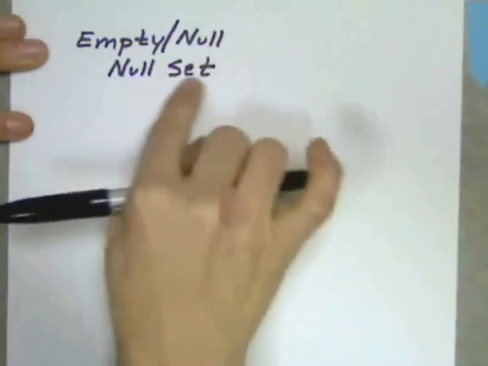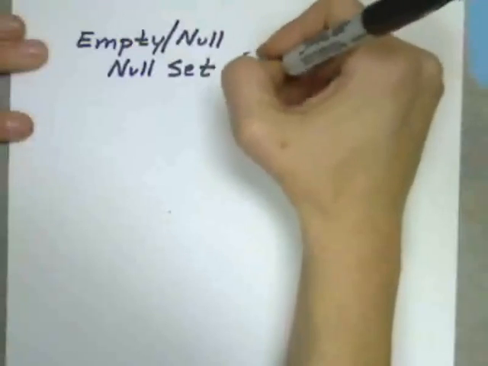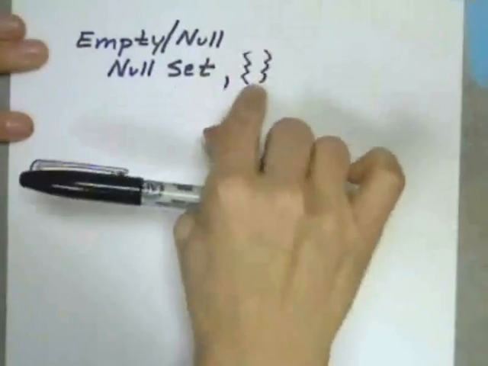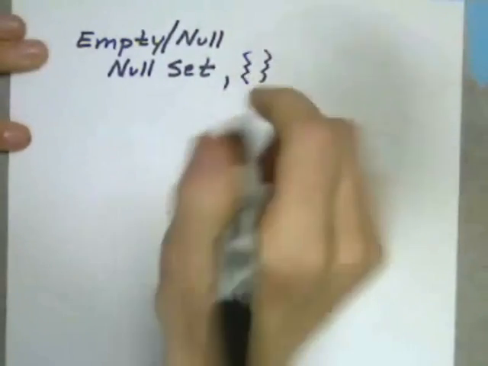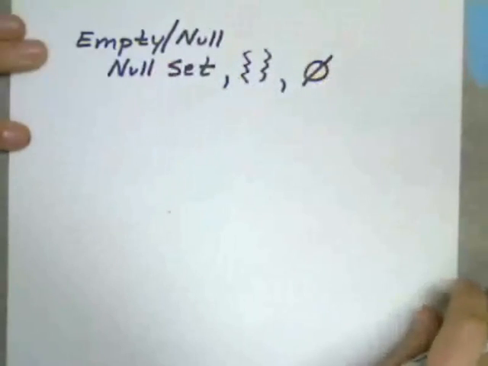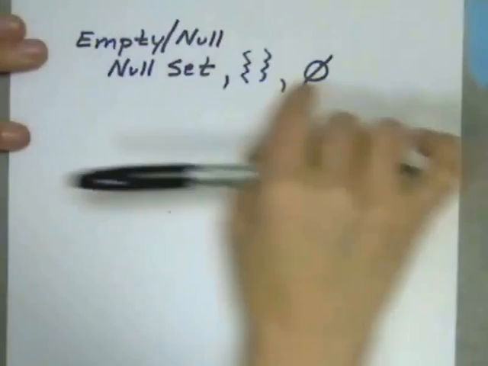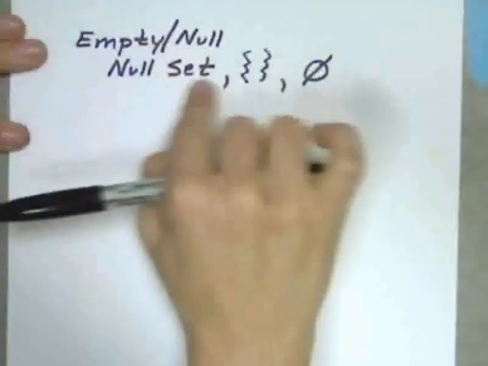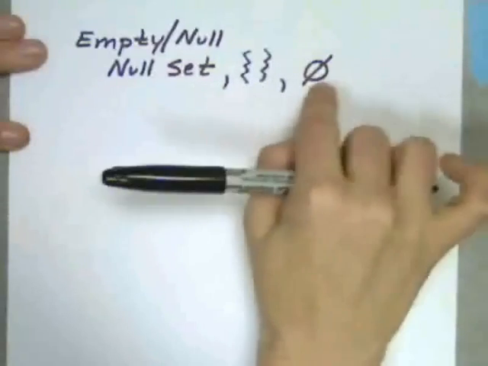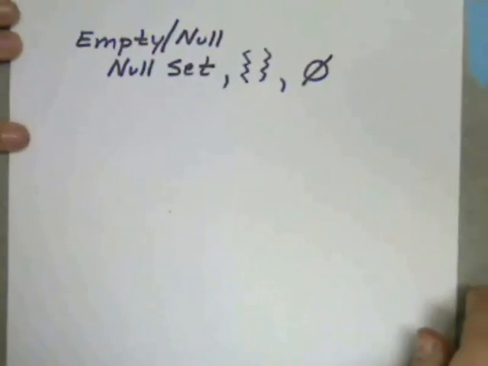So we have what's called a null set in words. In symbols, you can just give me plain braces to show there's nothing in it, or a circle or zero with a slash through it means nothing. Empty, null, you can use the words null set, braces, or this symbol for when there's nothing in the set.